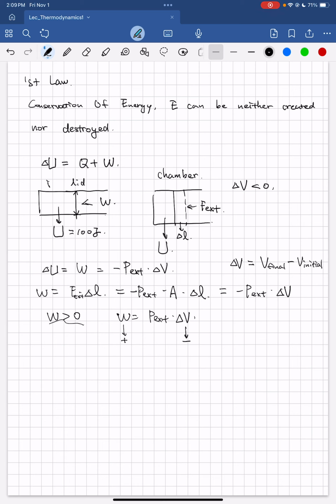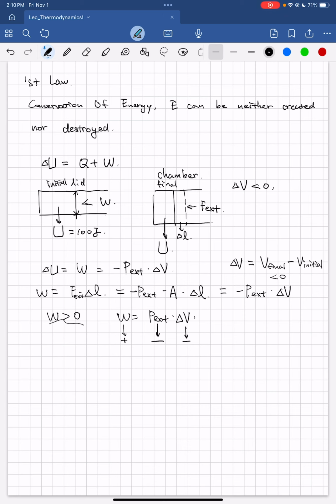This is initial. This is final. You can see that final has a smaller volume than initial, so this is negative. So this has to be minus, right?